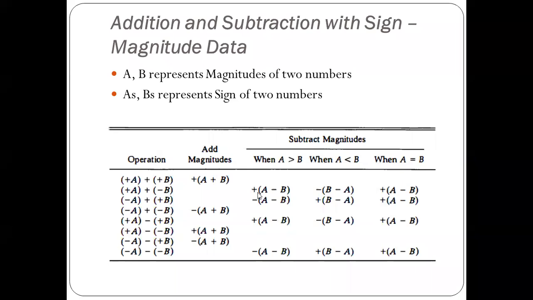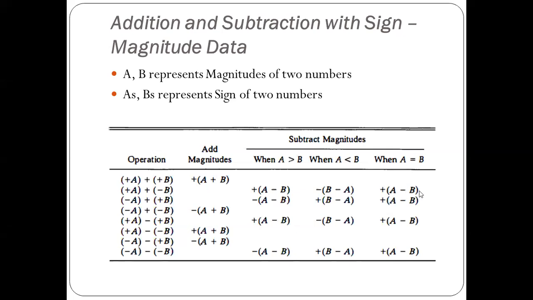If A is lesser than B, you have to subtract the magnitudes, but it is B minus A. The resultant sign is the sign of B, which is negative. Or else I can refer to this as the complement of the sign of A, because my sign of A is plus, the opposite is minus. In that way also I can conclude.